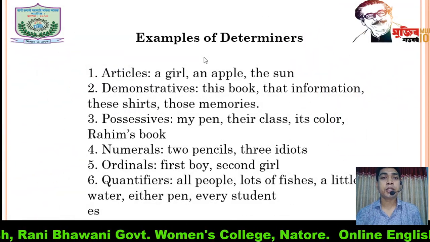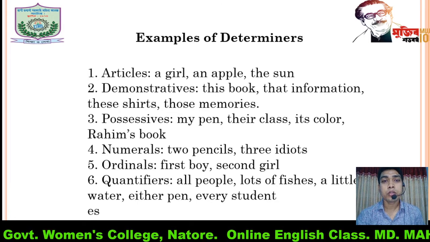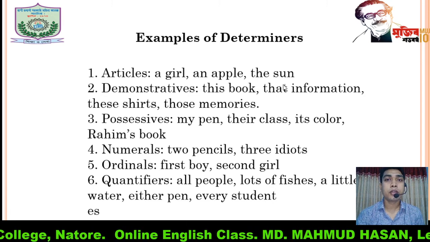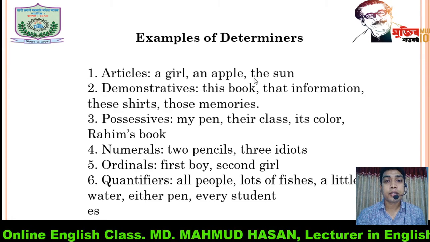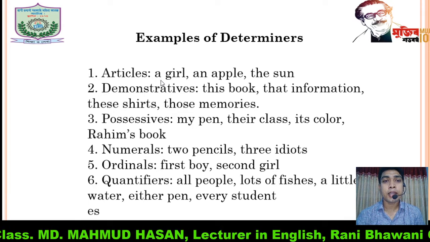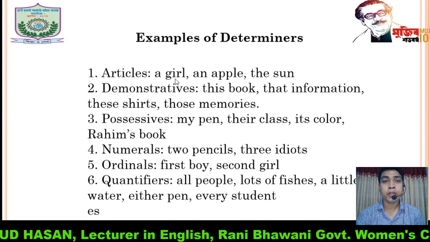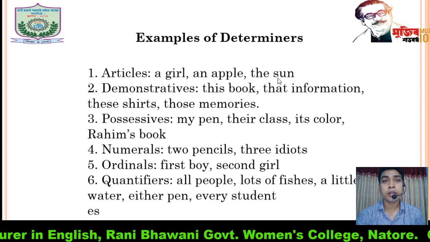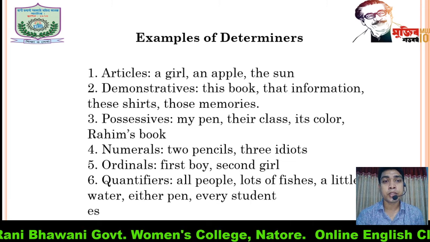Examples of determiners. Articles: a girl, an apple, the sun. A, an and the, these three words are articles and they are placed before nouns: girl, apple, sun. They are articles and they are determiners.